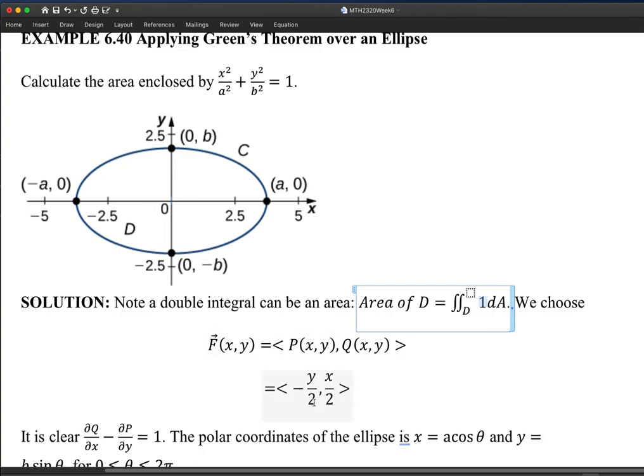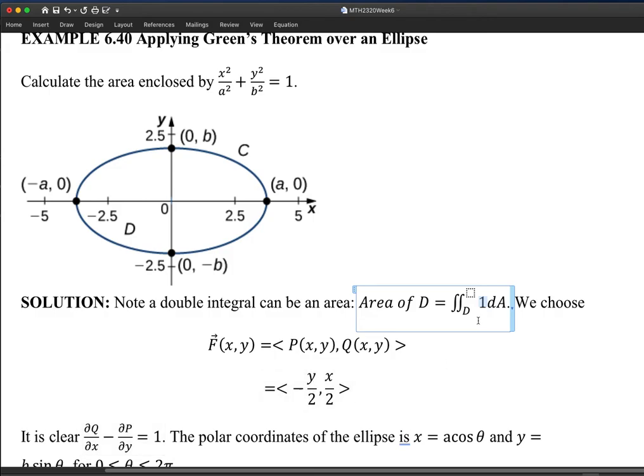Then dP/dy is negative 1/2. 1/2 minus negative 1/2 is 1. The only requirement here is you want to make sure dQ/dx minus dP/dy is 1. This is just one way.